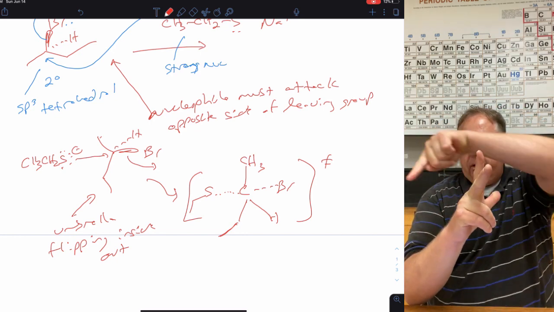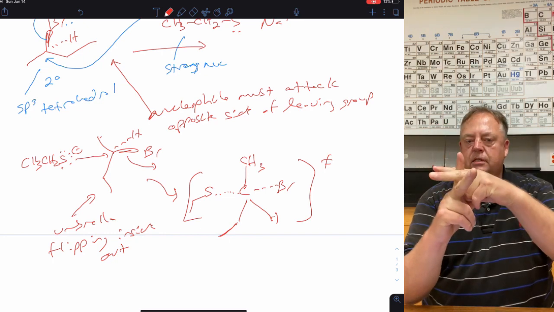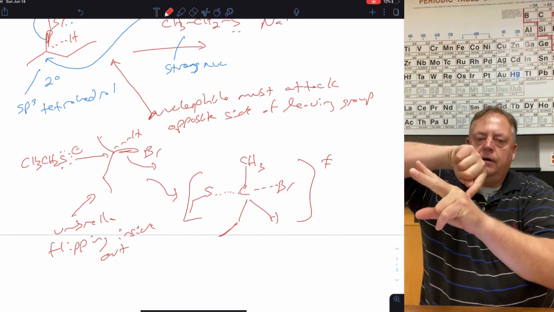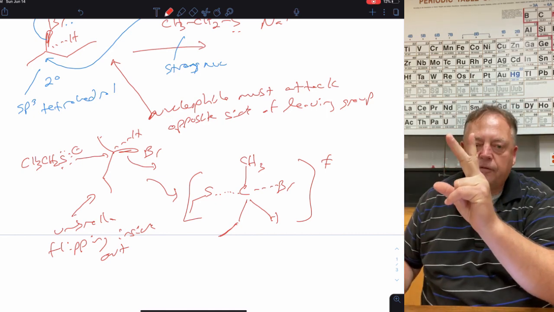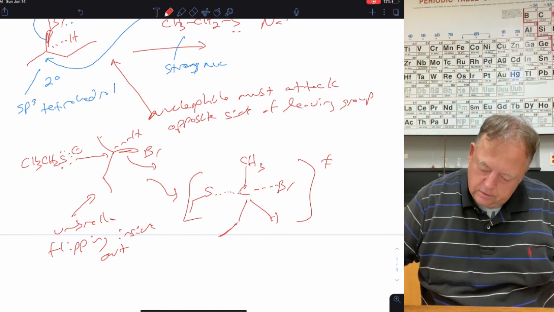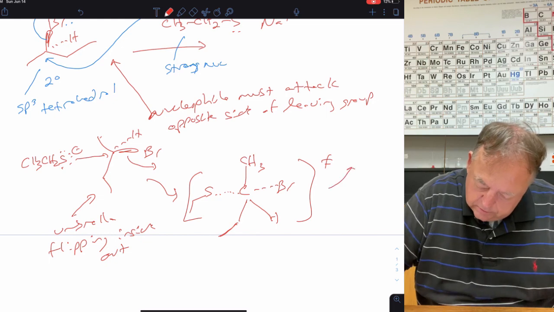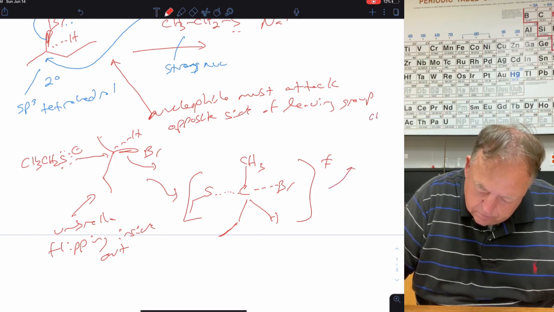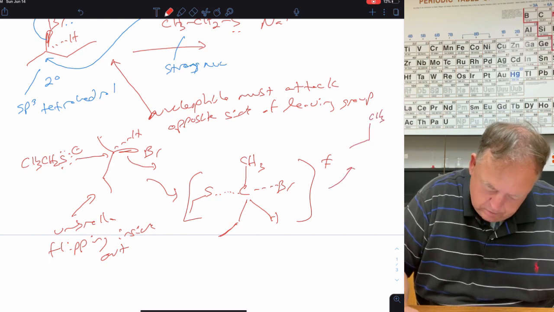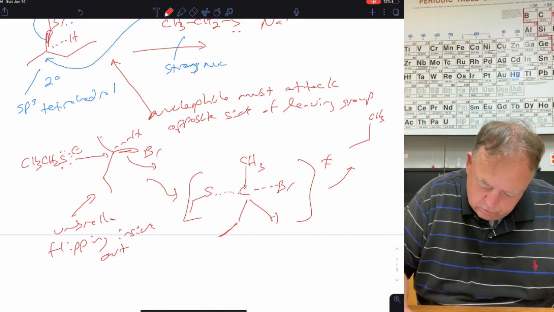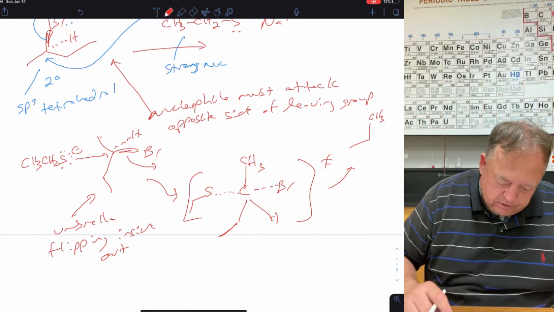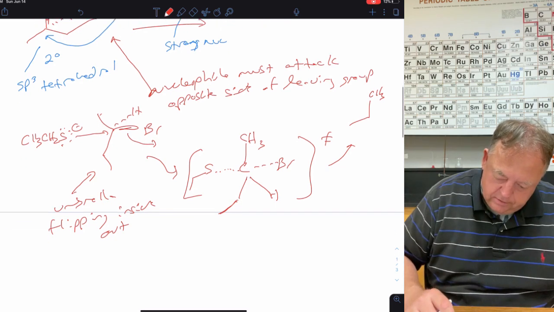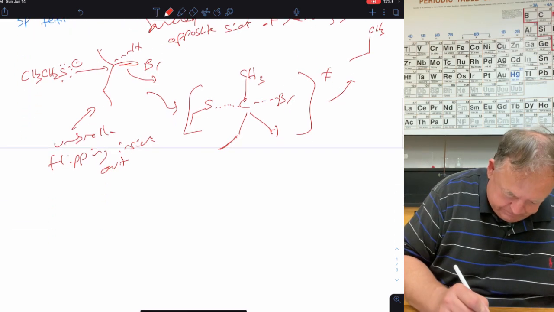And then when this bromine finishes leaving, it flips inside out like an umbrella, and then the nucleophile is attached over here, on the opposite side from where the bromine left. Yeah, I'm not sketching this very well. Anyway, let me try this again.